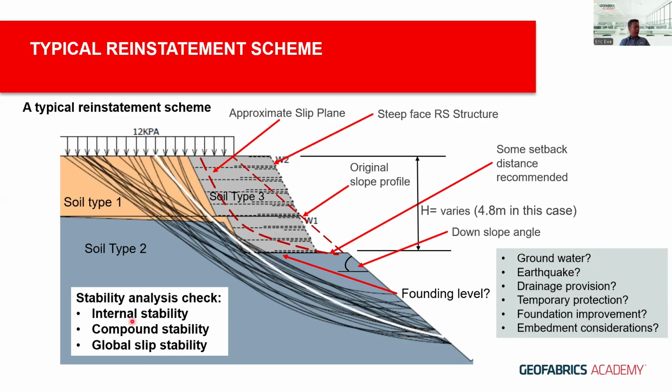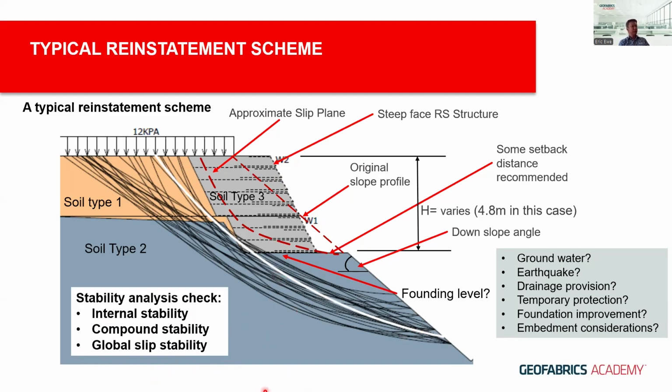This particular failure mechanism, global stability, all the time will be governing the cost and the final solution that you're putting up. So it is worth talking a little more on this failure mechanism. In the case of slip reinstatement versus a new structure that you're constructing from the ground, there are more considerations.